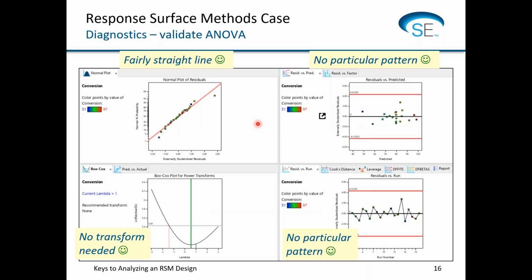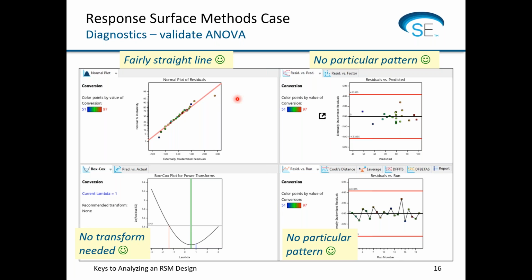We have a set of standard diagnostics that we use. The first one, we take those residuals and plot them on a normal probability plot. We want the residuals to be an approximate straight line, which holds true in this case. The ends are just a little off the line, but not bad at all.